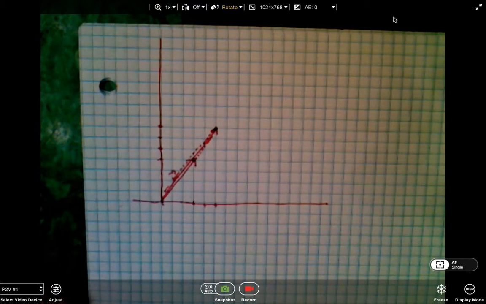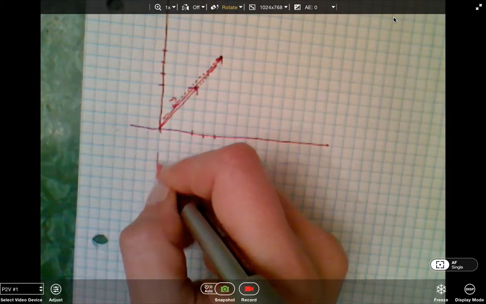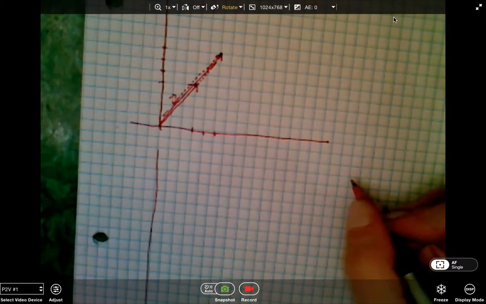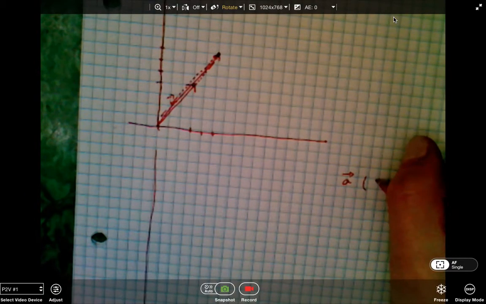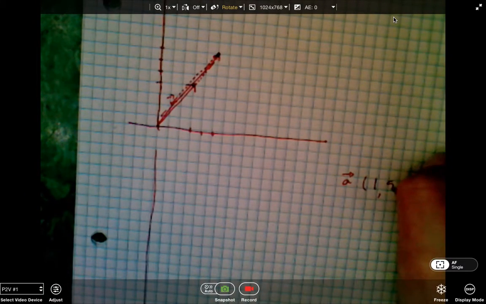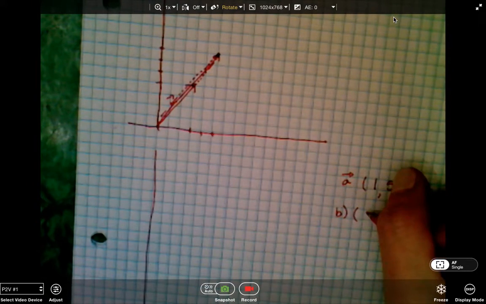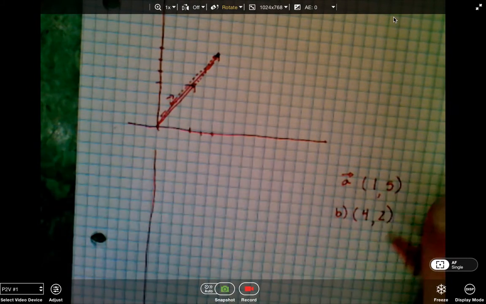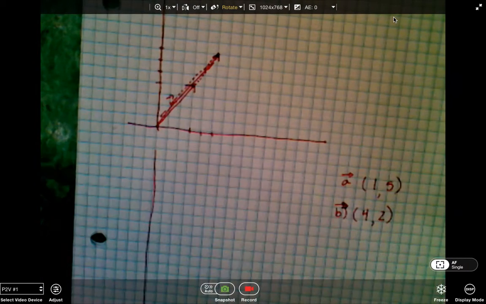Let's look at a different one. Let's talk about vector A being 1, 5, and vector B, let's let it be 4, 2.